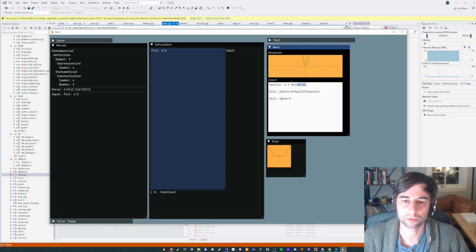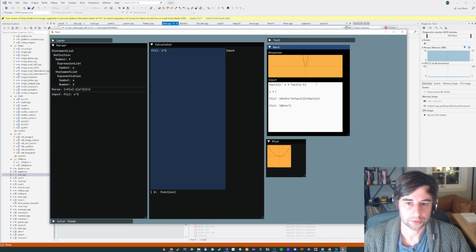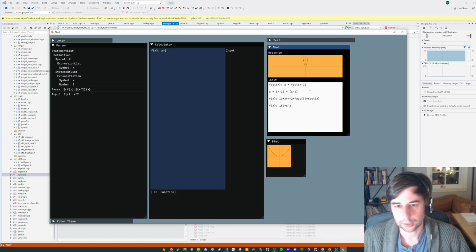Maybe we just return 0 at 0. We don't want it to expand to x times x minus 1 times x minus 2, because it doesn't know when to stop. So there's no replacement that can be done here, so it has to be kept as that.